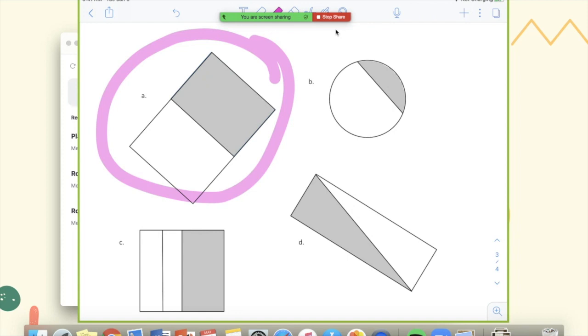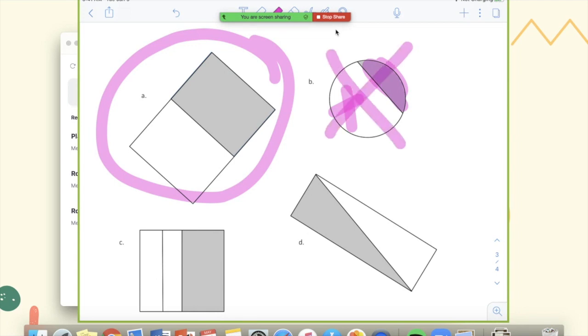The answer to that is no, these are not equal. Even though they show two parts, the circle has two parts and one is shaded. Those are not equal parts or equal shares because the shaded part, which is right here, is way smaller than the unshaded part. Okay, so that is a no.